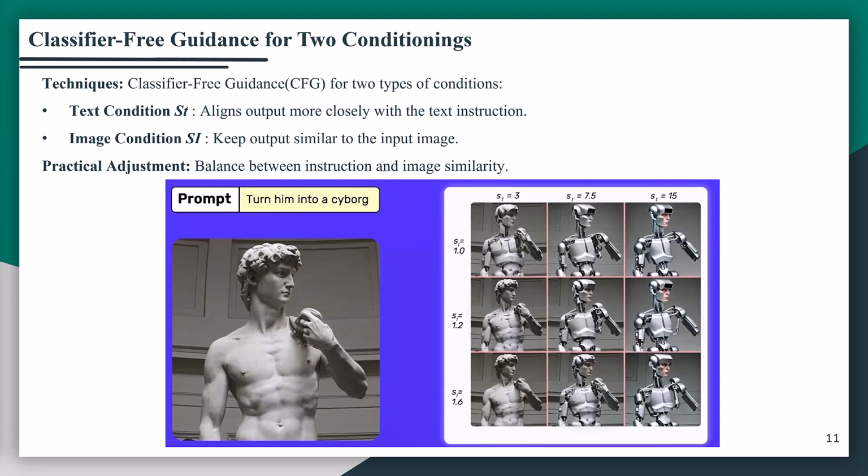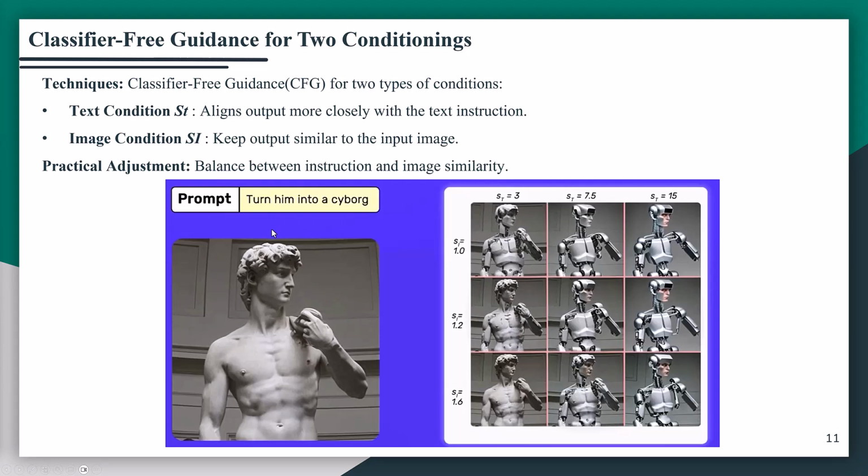By adjusting these two, we can control how strong the edit is versus how much it keeps from the original image. So this lets the model make more precise and controlled edits.